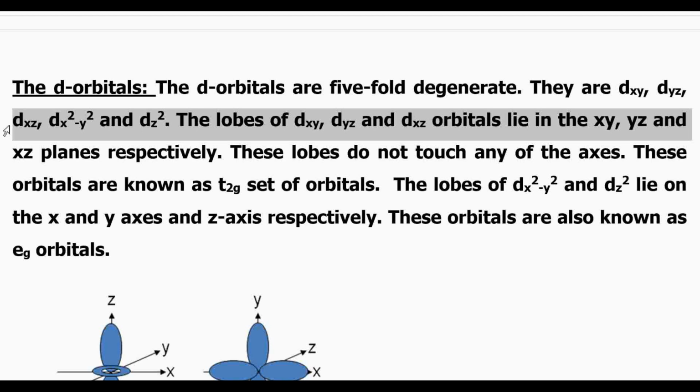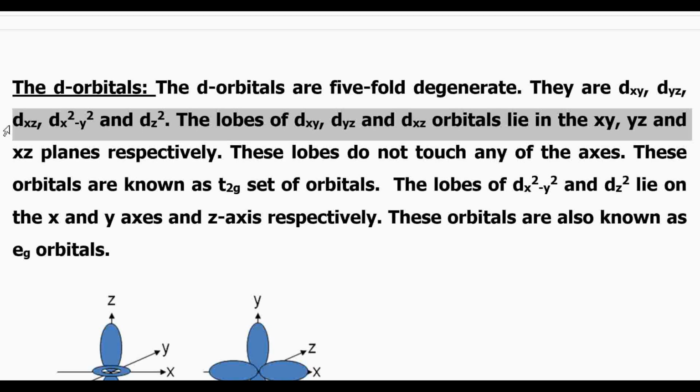So if you consider a Cartesian coordinate system with x, y and z axis, then you will understand that the dxy orbital lies in the xy plane, the dyz orbital lies in the yz plane, and the dxz orbital lies in the xz plane. Now about the shapes of these d orbitals.